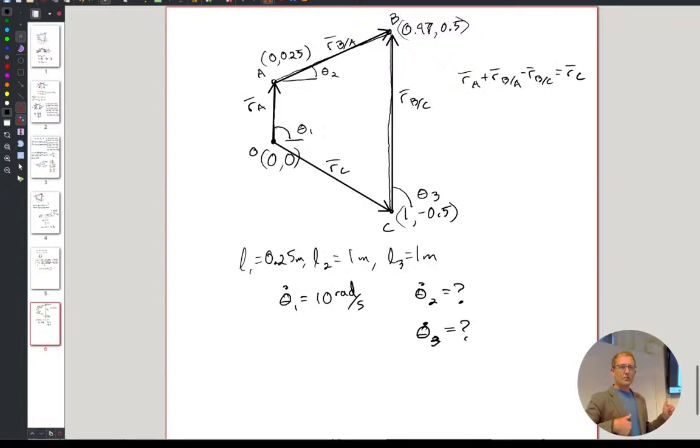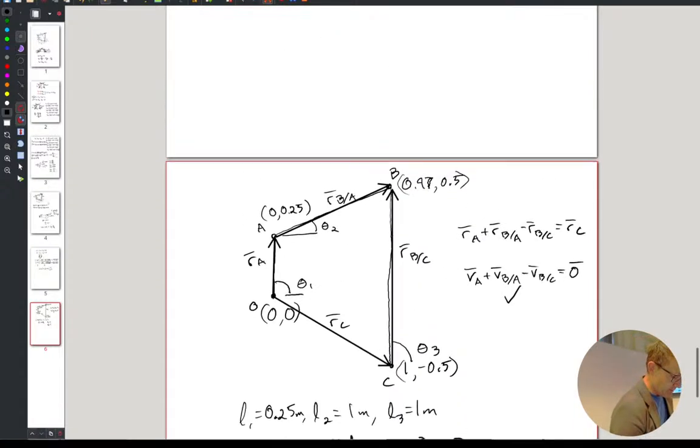That was exactly what we had for the other 4-bar linkage, which means that same equation is still going to hold. So I can jump right into it. I think it always helps to draw out what you're planning to do, and the more practice the better.